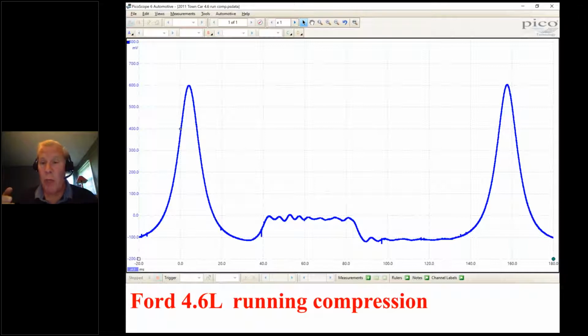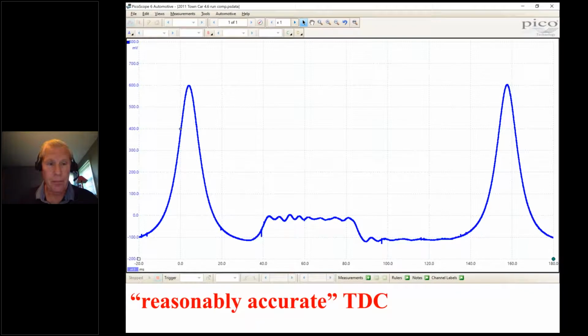So generally, when we start this analysis, we fill the screen with the 4-stroke cycle, 720 degrees, and we usually start at top dead center. So you can see my flashing yellow circles. This is my top dead center, top dead center.